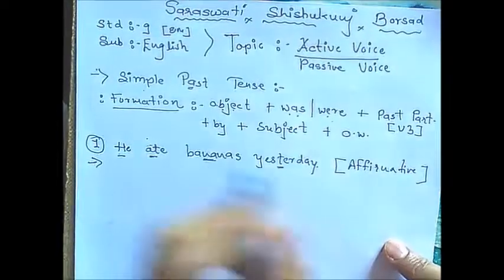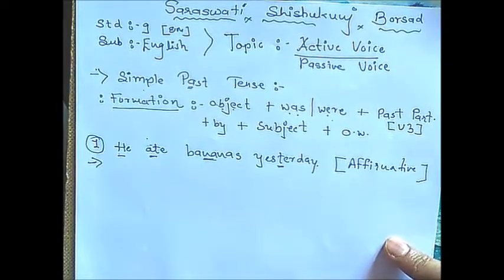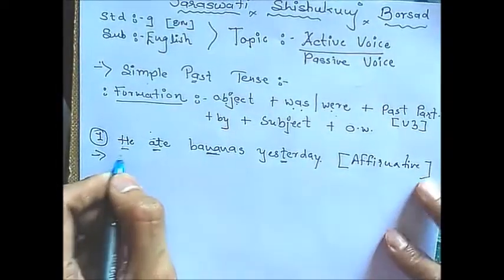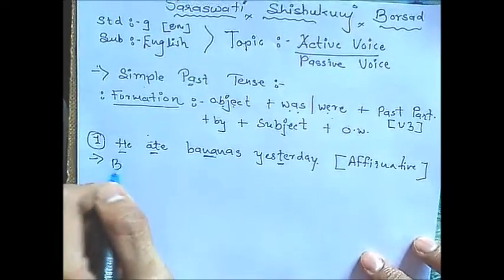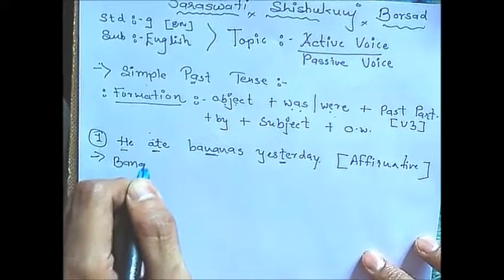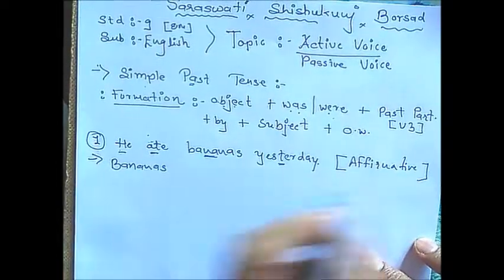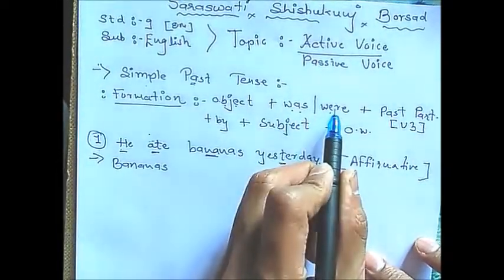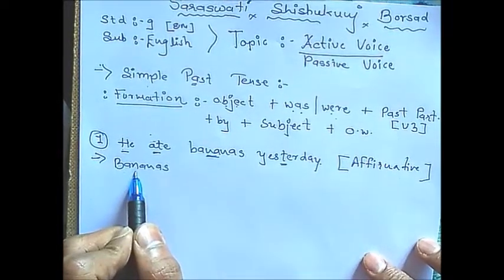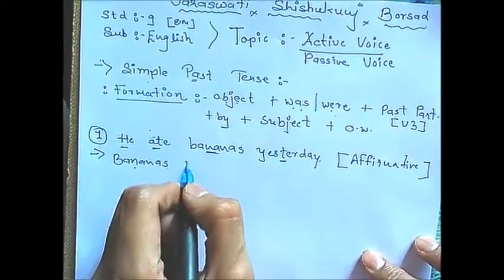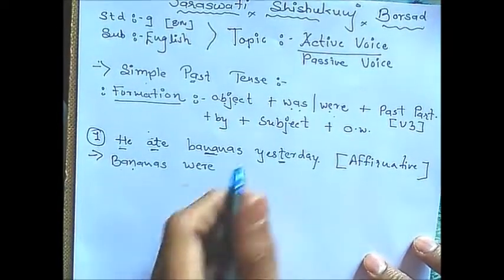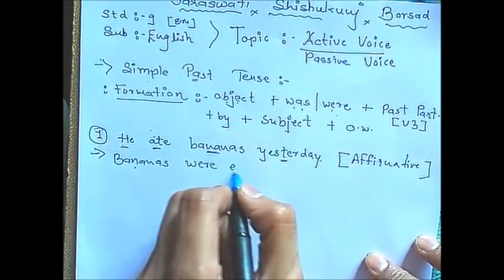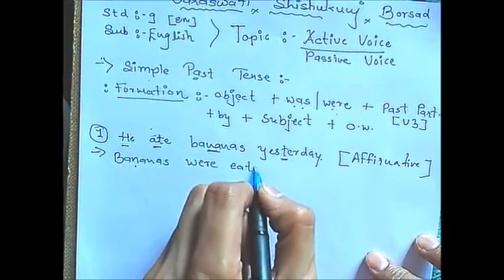Now if we follow this structure, what we have to do, in the very beginning we have to put the object, that is bananas. Then after, was or were. Now here bananas, they are plural, that's why we have to put were here. Bananas were eaten. Why eaten?